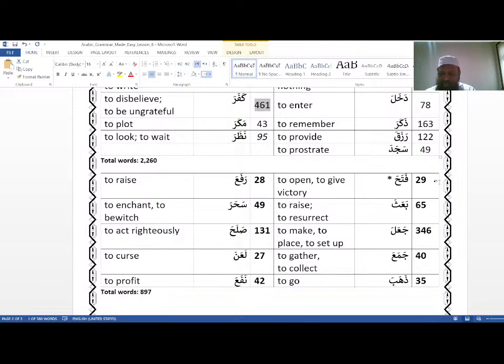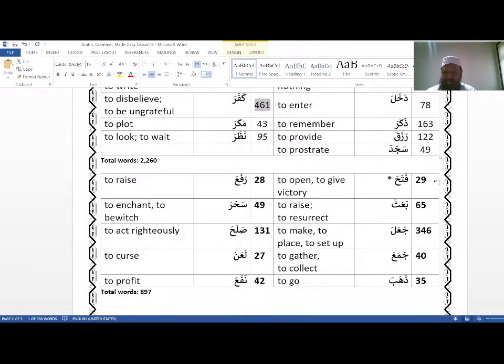Only 10 verbs in this group. We need to memorize them. Fataha, Ba'atha, Ja'ala. So how do we memorize? Obvious. We need to repeat many times. Fataha, to open, to give victory.